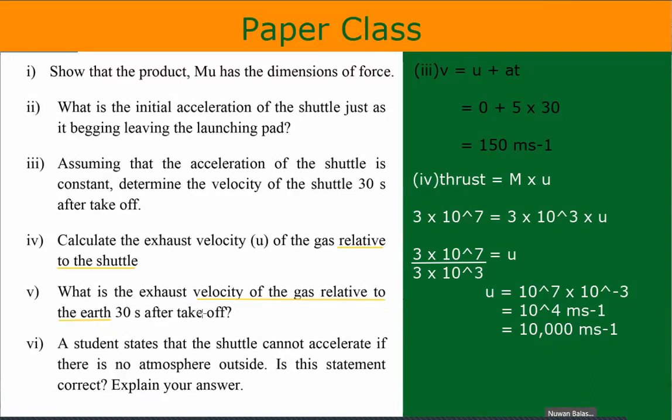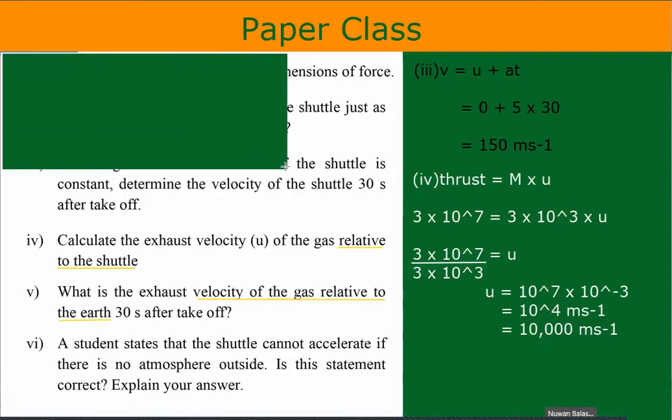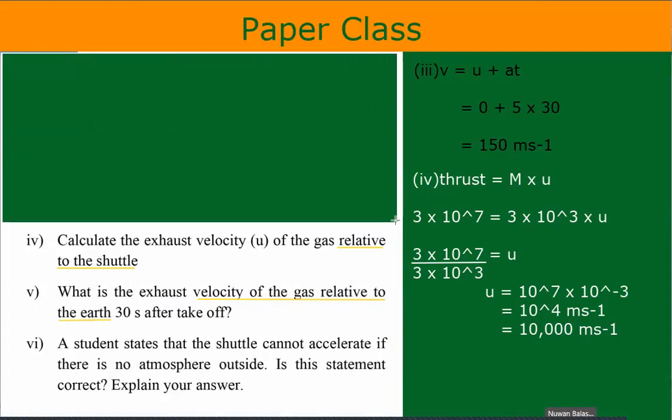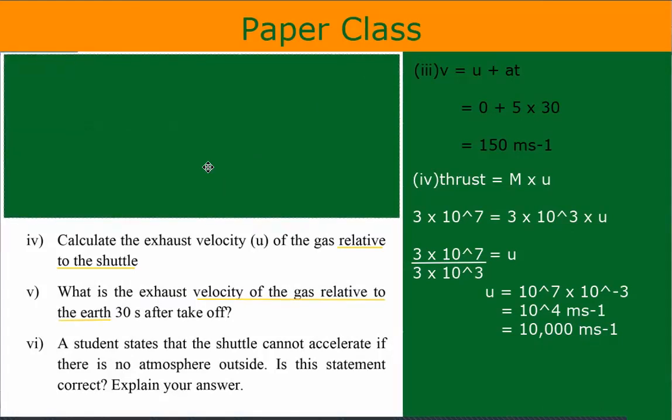If you want, you can use the V A B equation, but I don't recommend it. I have given you a very simple equation than that to find a relative velocity. What is it?